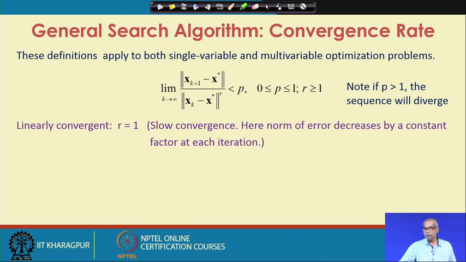Here, the norm of error decreases by a constant factor at each iteration. Note, in this expression, if p is greater than 1, the sequence will diverge instead of converging. So, p has to lie between 0 and 1.